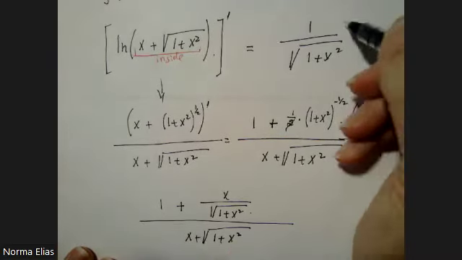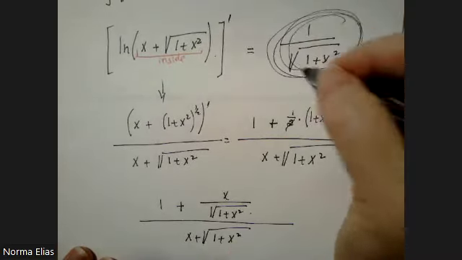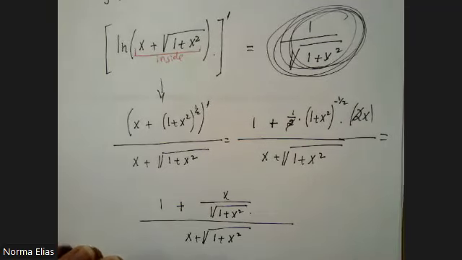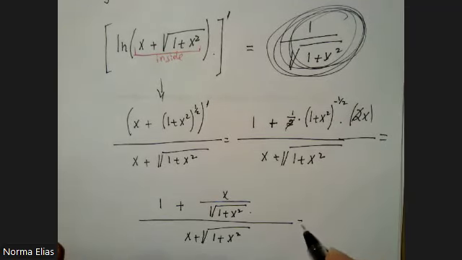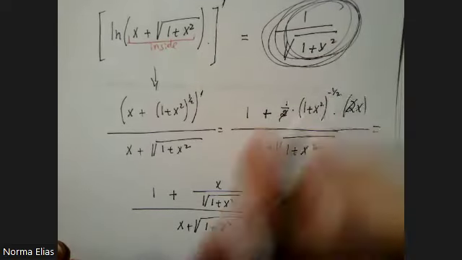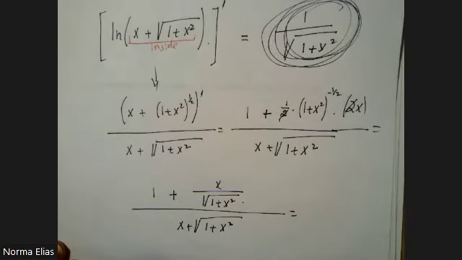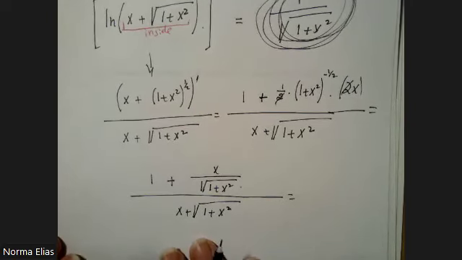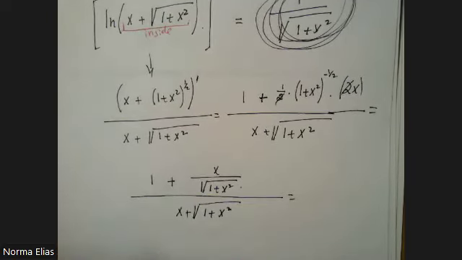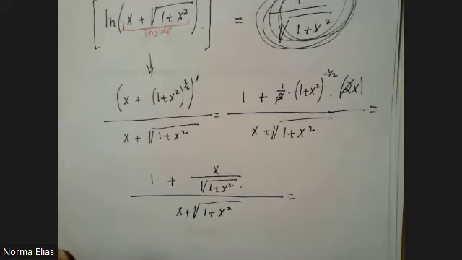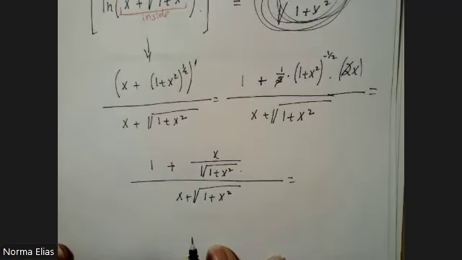Okay, and remember, you have to convince me that this is 1 over the square root of 1 plus x squared. So how did we do it? How are you able to get here? Anybody did it, and how did I get there? Okay.